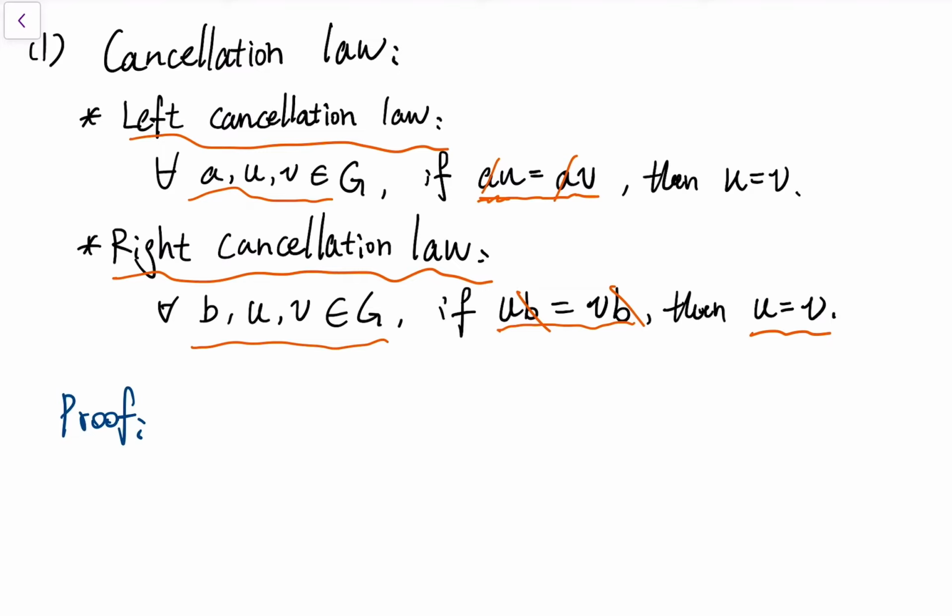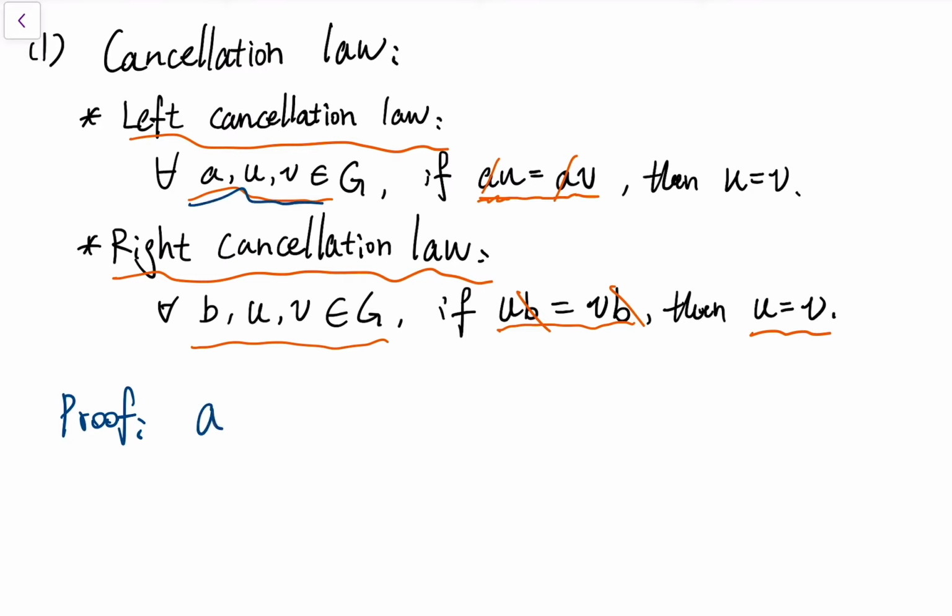For the left cancellation law, the element you want to cancel out is on the left side, and for the right cancellation law it is on the right side. So I will just do the proof for the left cancellation law, and you will know how to do the right cancellation law proof.